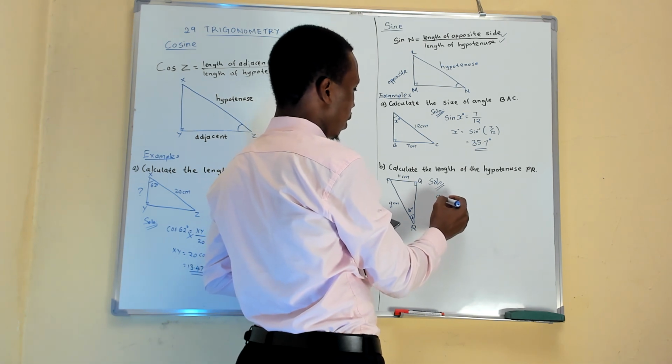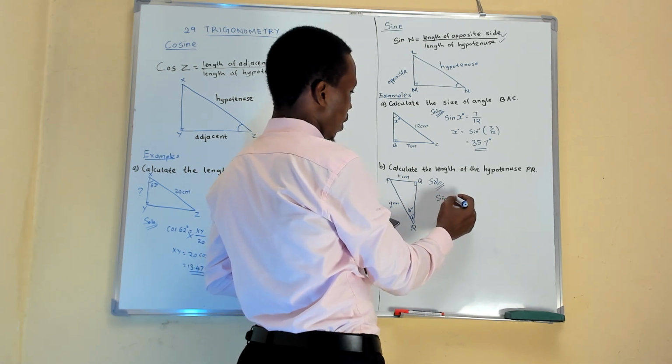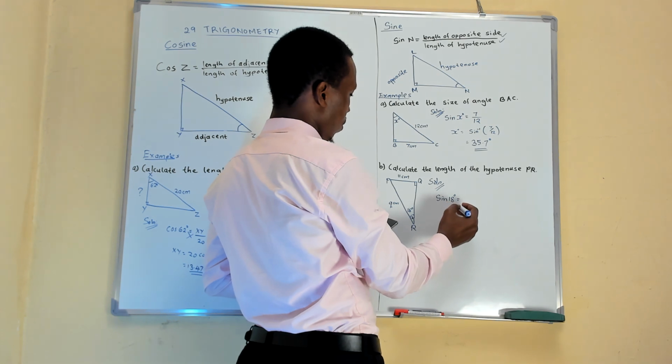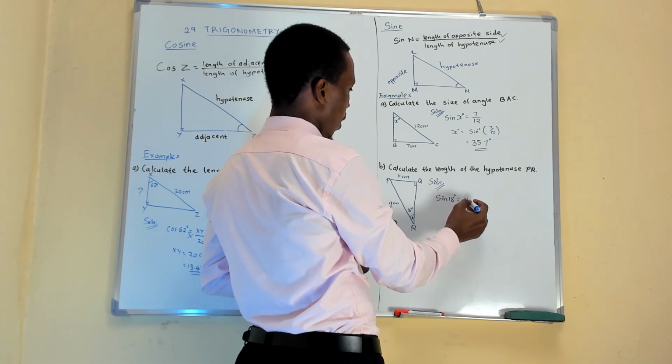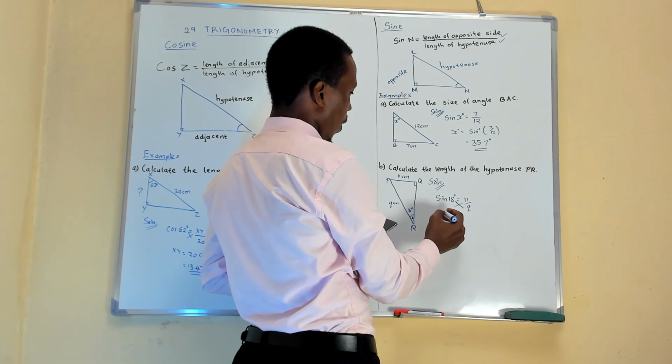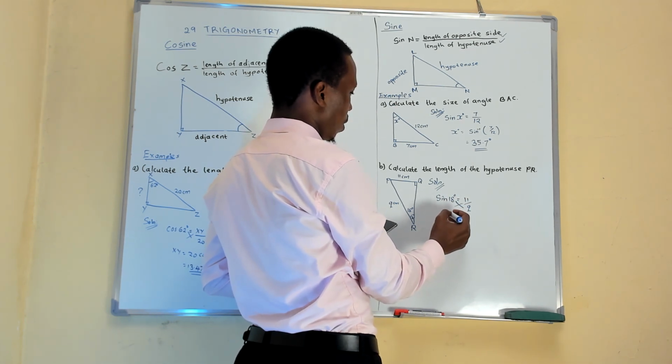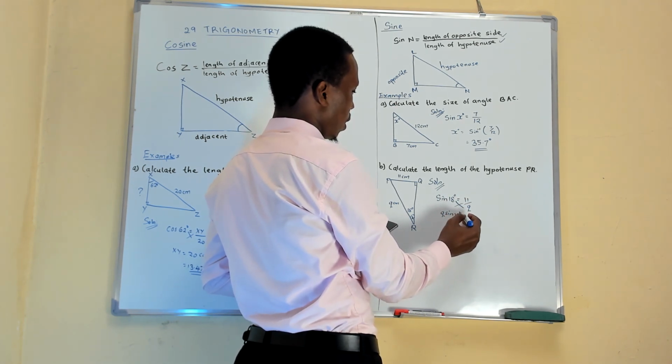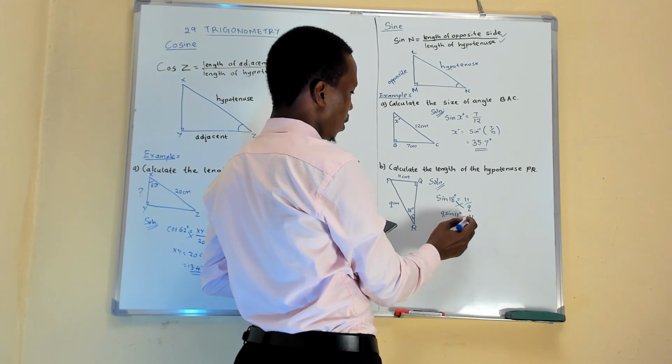We say sine 18 degrees is equals to opposite, which is 11, divided by q, which we do not know. We cross multiply, I have q sine 18 degree equals 11.